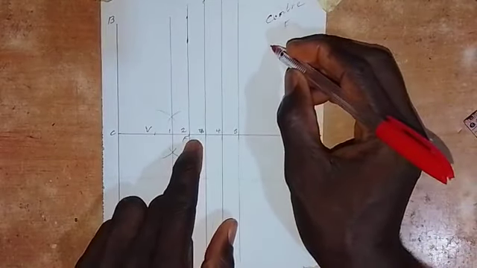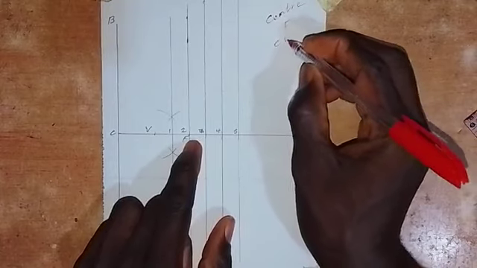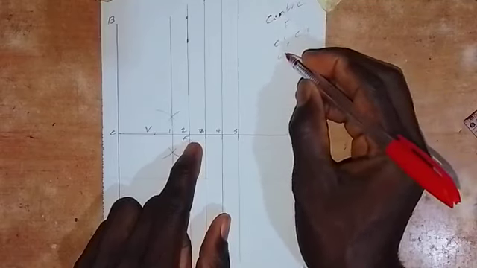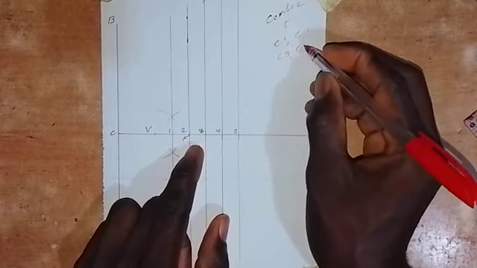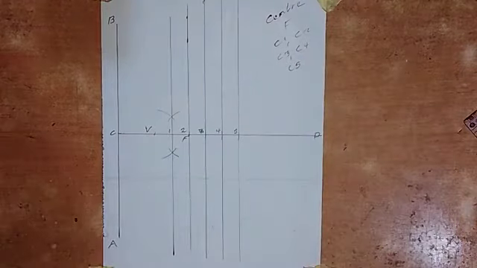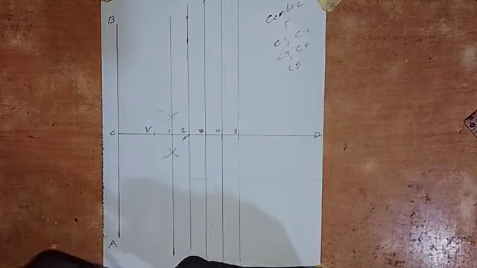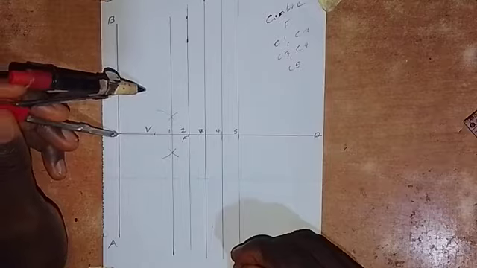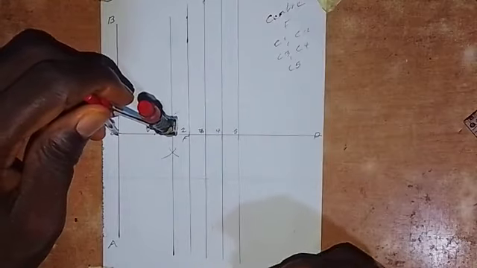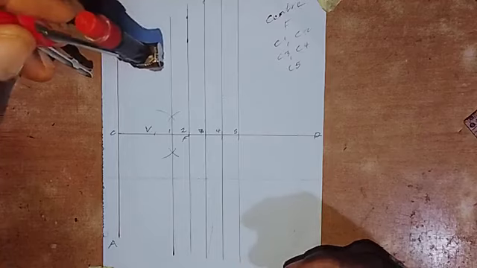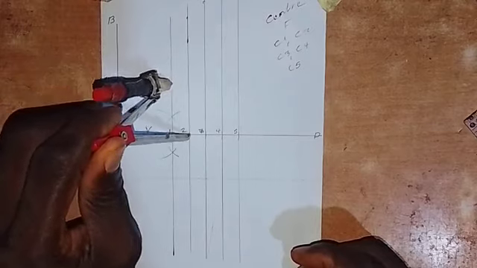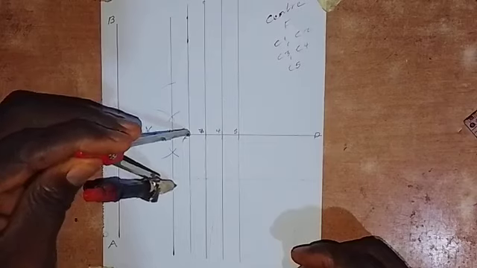But the radii that we are going to use are C1, C2, C3, C4, and C5. This is what I mean. Put the pin of the compass at C and extend to 1. So we take this radius C1 and lift it up like this. Now position the pin at point F and make an arc on line 1, up and down, like this.